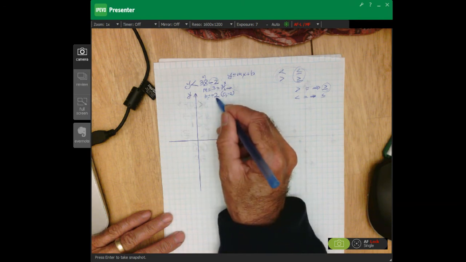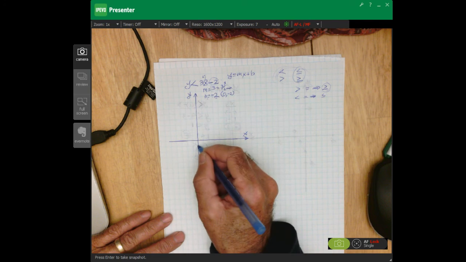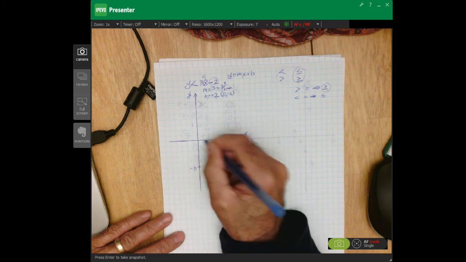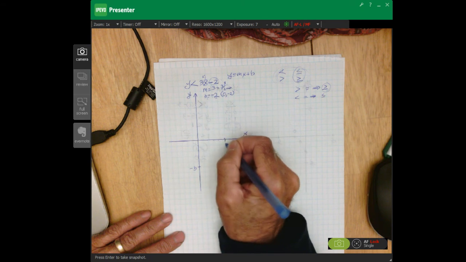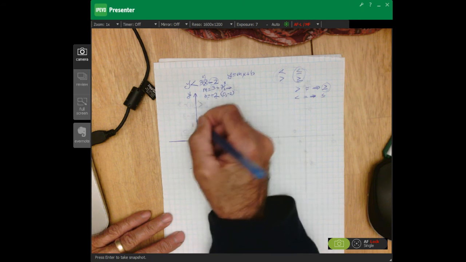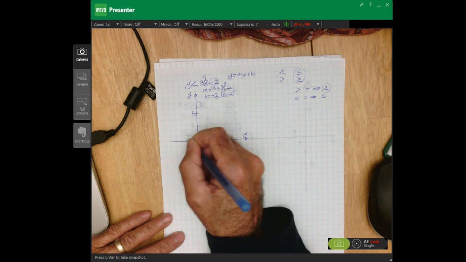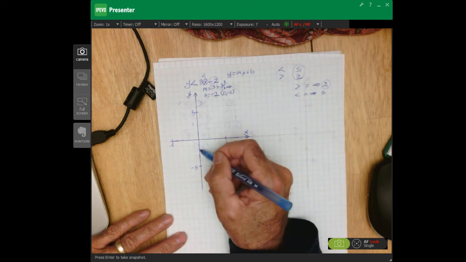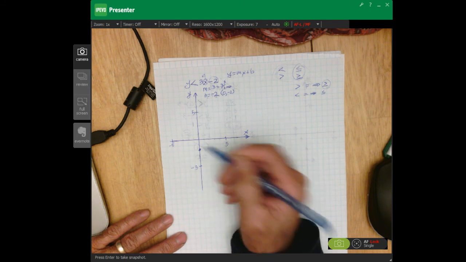So we need the y-intercept first, just like if it was an equality. So 1, 2, 3, 4, 5. So we're going to plot that first point, (0, -2).